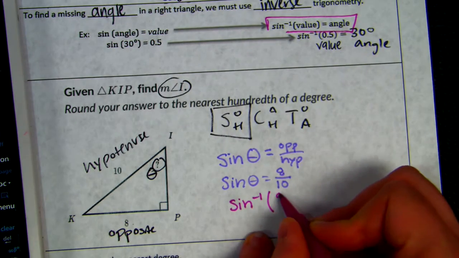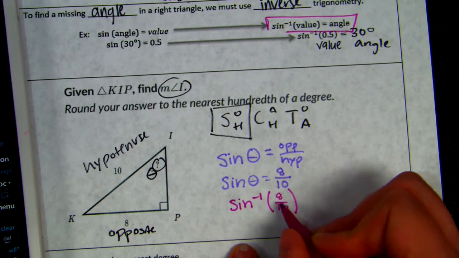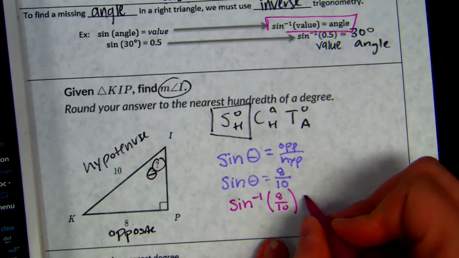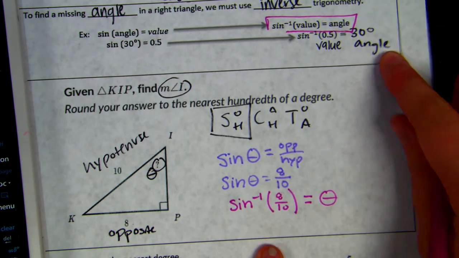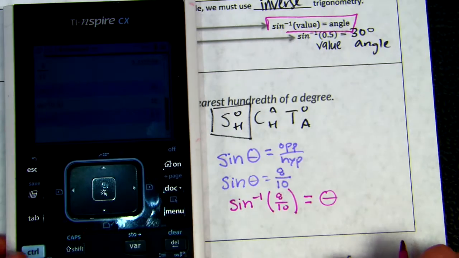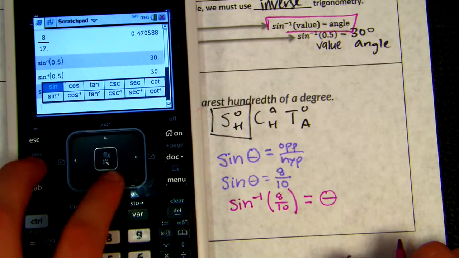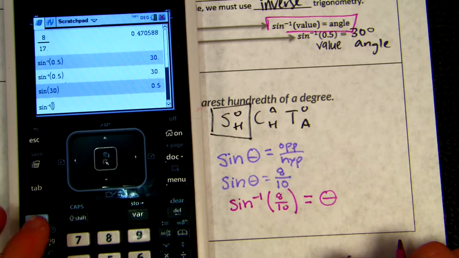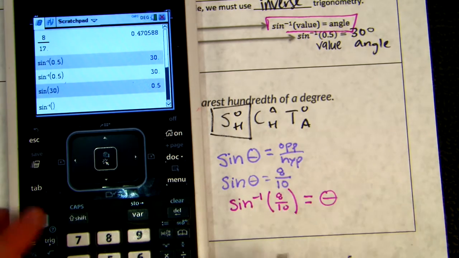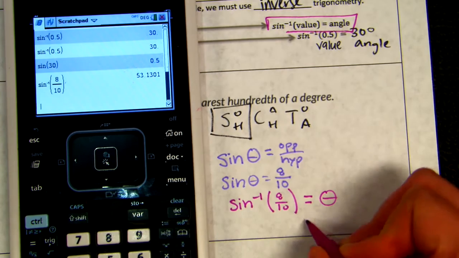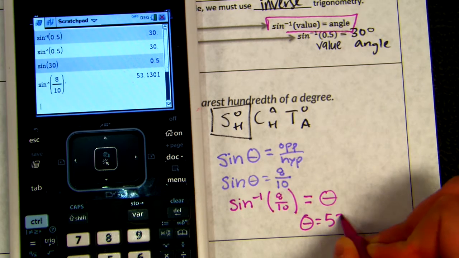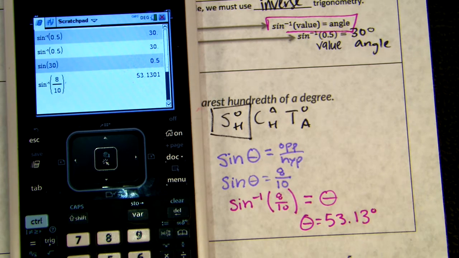My value was 8 over 10. Inverse sine of my value is going to equal my angle, which is exactly what I have up here too. Then I can go to my calculator, hit the trig button, go down to inverse sine. I know that my value is 8 over 10. Hit enter. I know that theta is equal to 53.13 degrees.